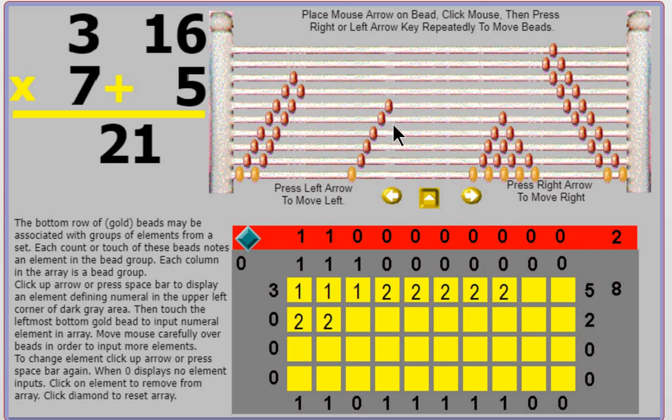And so I have 5 beads here, which actually represent the possible pairs of this single 1 defining element and the 5 twos that are defining elements.